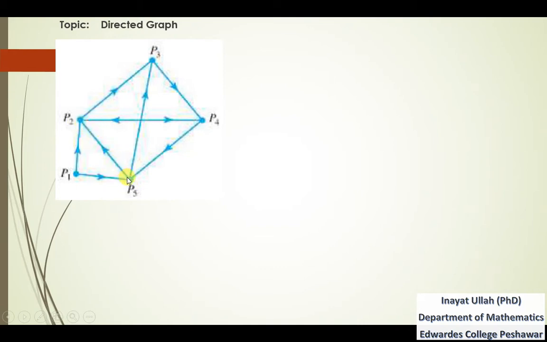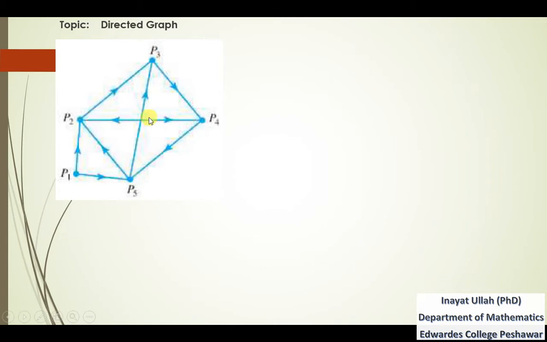This edge is from p5 to p2, and this edge is from both sides, from p2 to p4 and from p4 to p2. Similarly, this edge is from p5 to p3, and this edge is from p3 to p4. That edge is from p4 to p5.